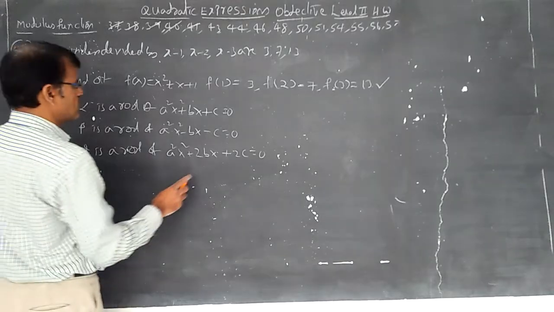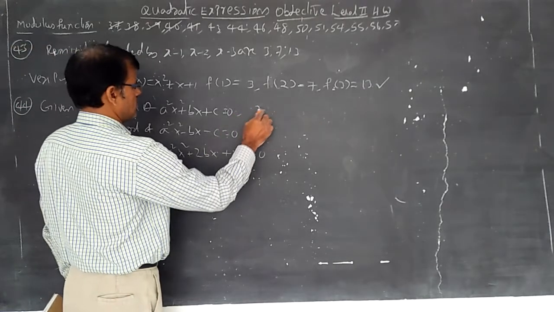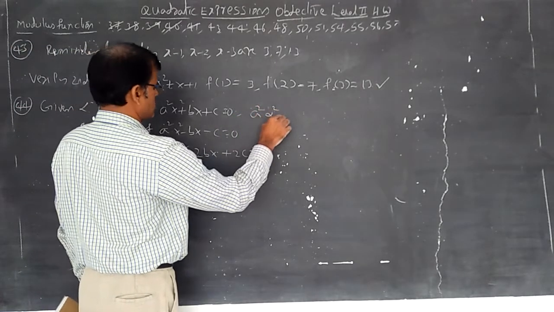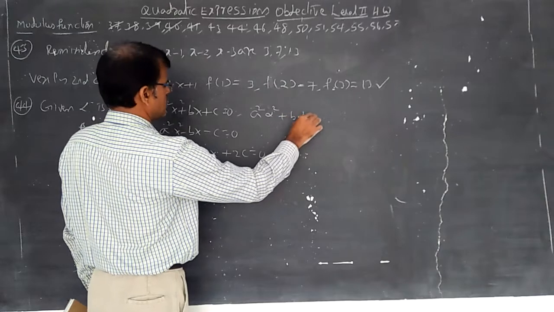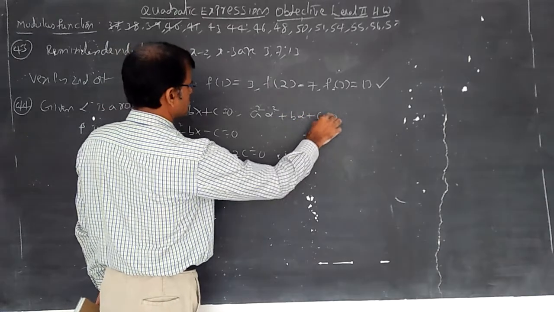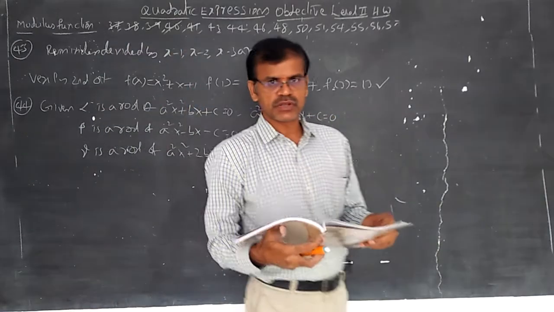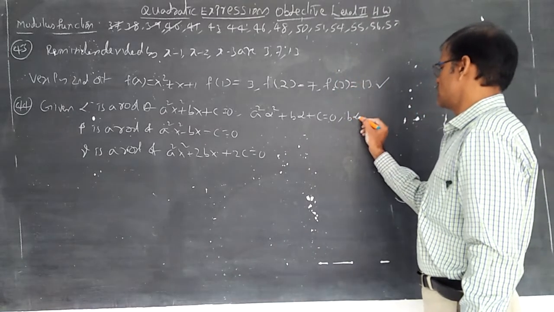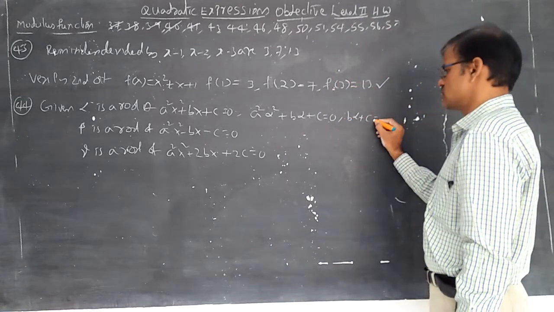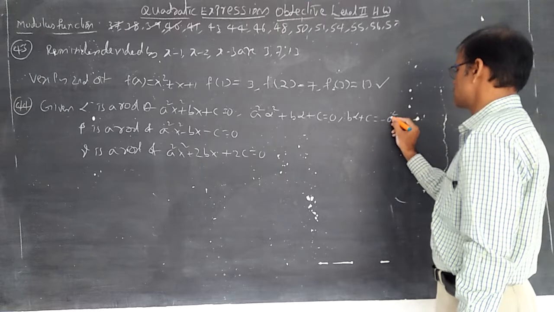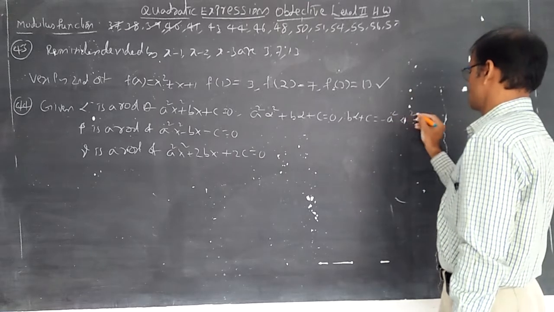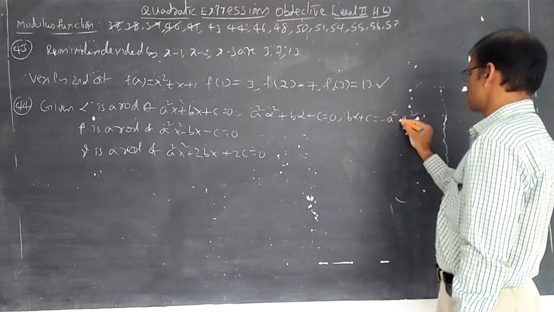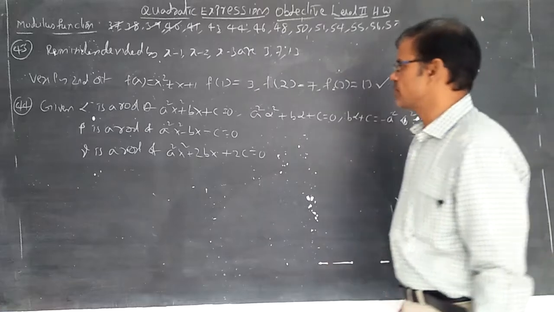Now we can understand here a square alpha square plus b alpha plus c is equal to 0. I am writing this as b alpha plus c is equal to minus a square alpha square. It will be useful.